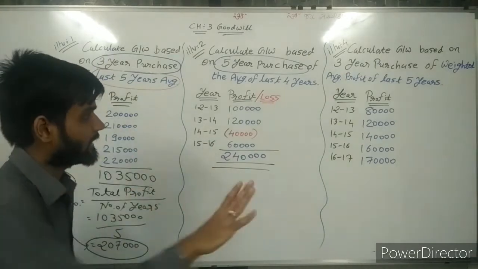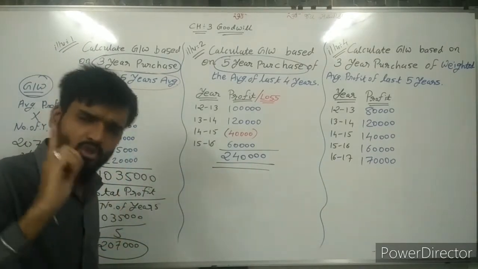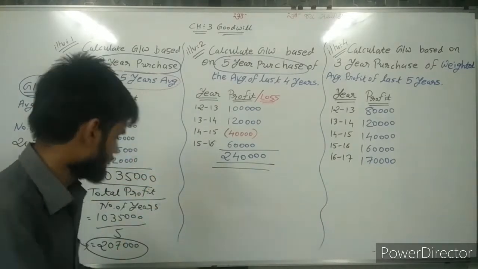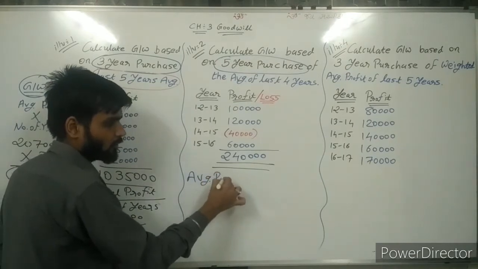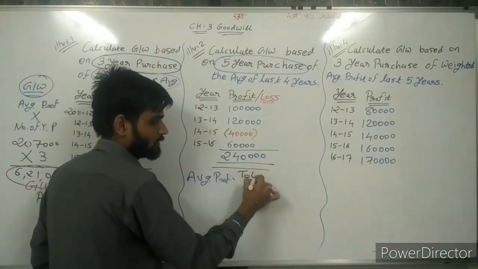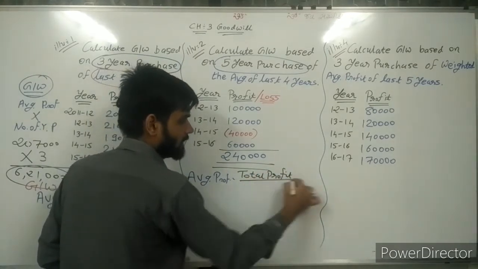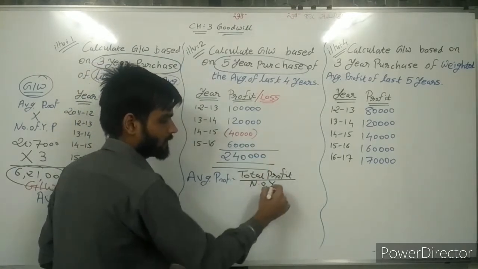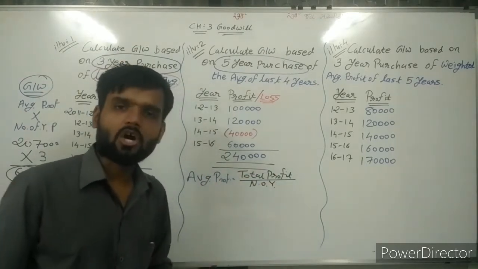So first of all, again, average profit is required, so total profit alone is not enough. First find average profit. Again, the average profit formula: average profit is equal to total profit divided by number of years.